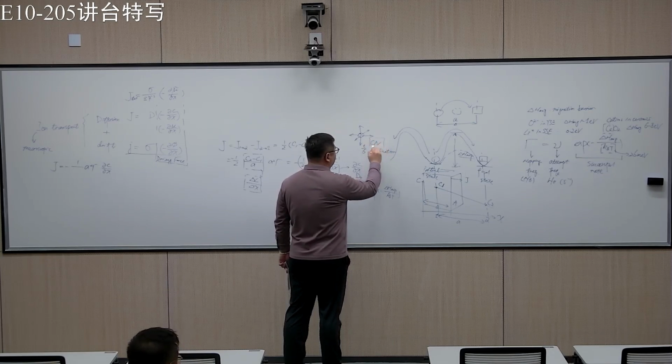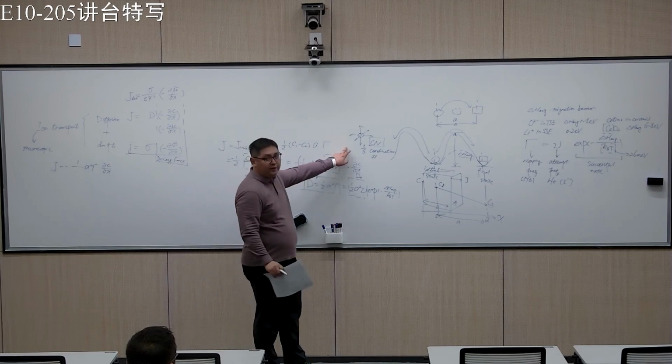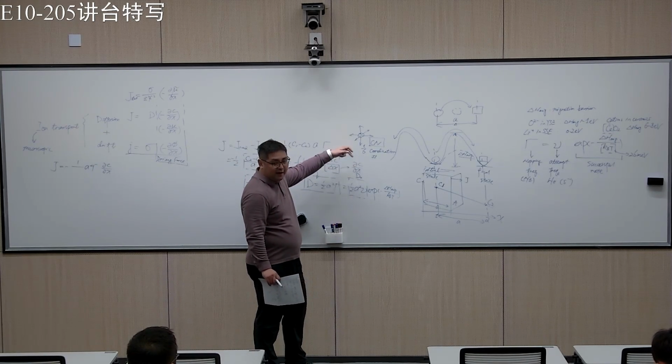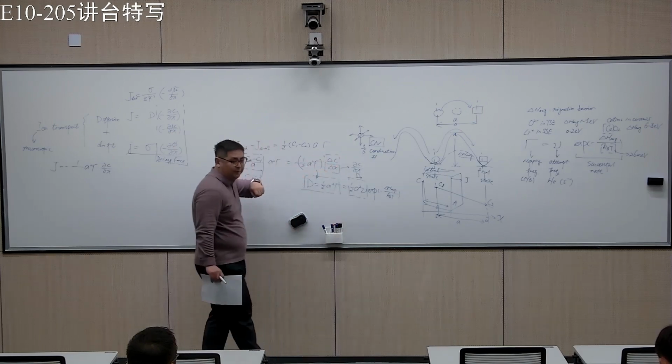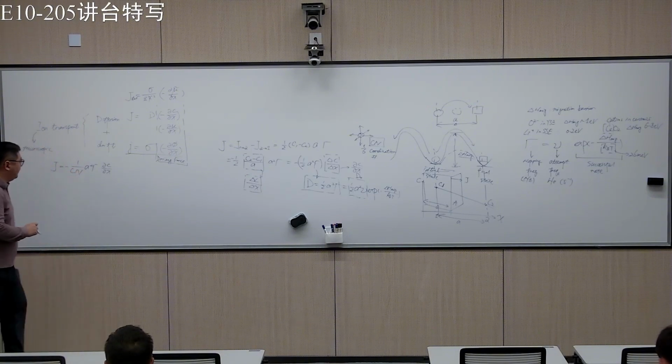Usually people use Cn as the notation. It basically says how many possibilities the ion can hop to the nearest neighbor. So that's why we put a Cn here.